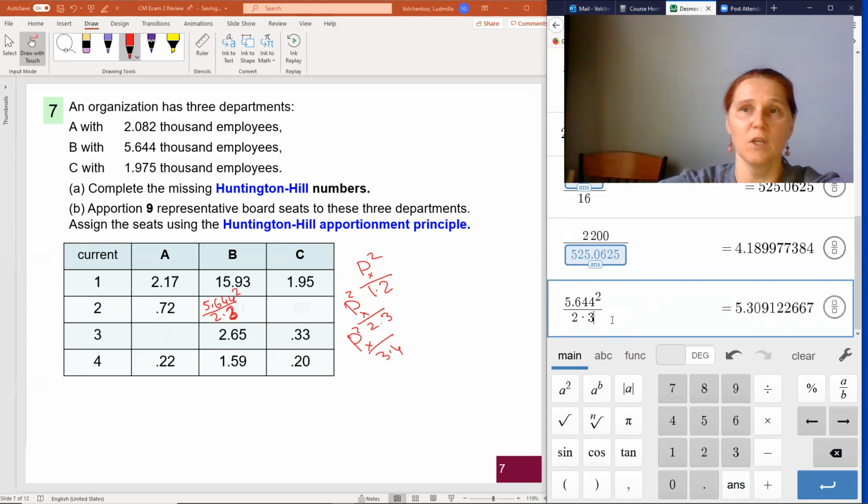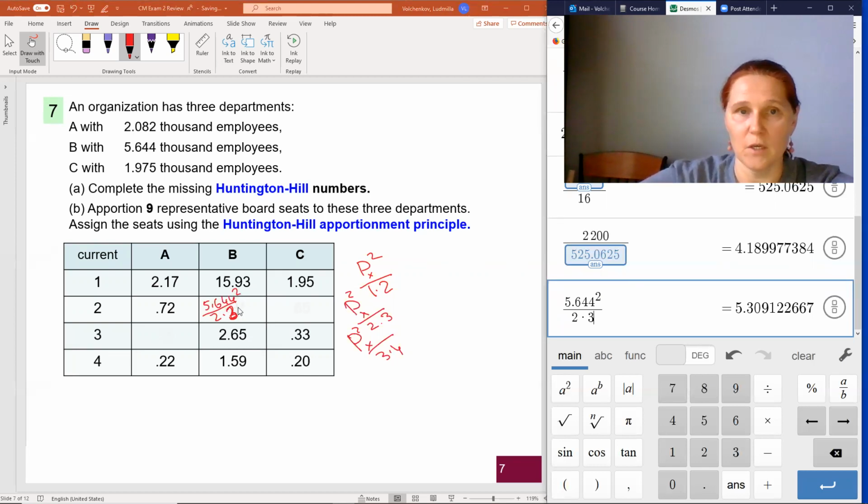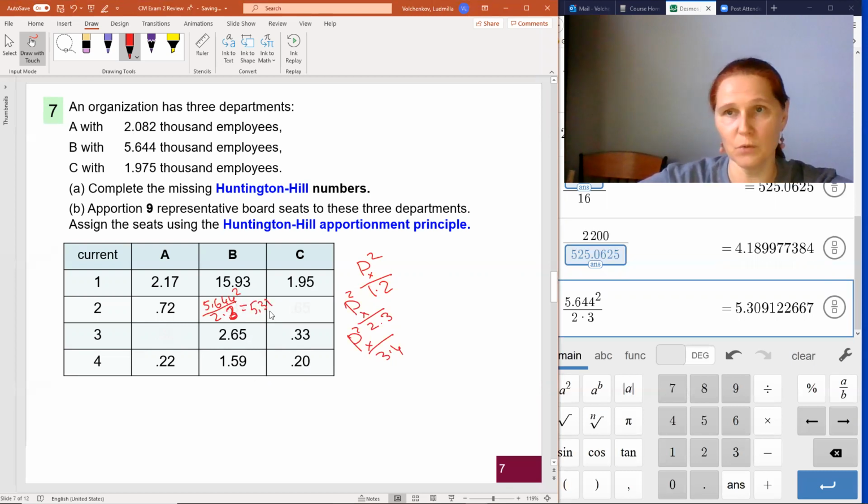If you use another normal calculator, you must understand that you divide by this 3, you must press divide by 3, or you can write 2 times 3 in parentheses and divide by the product 2 times 3. Okay, so this is 5.31. We need only 2 numbers after the point.